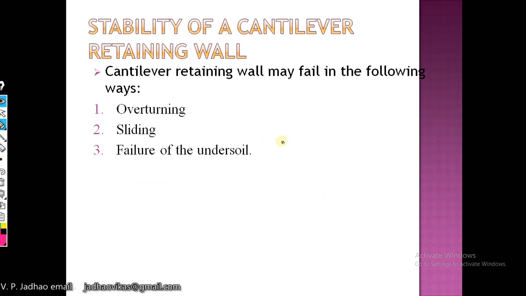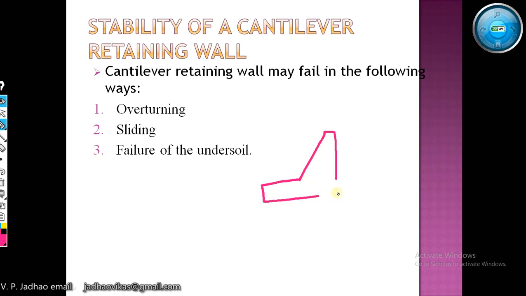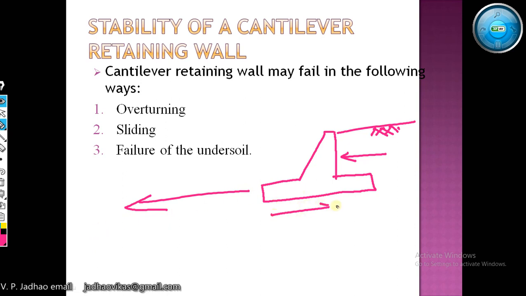The second way is sliding, failure due to sliding of retaining wall. Let us consider this is your retaining wall and some soil mass is retained like this. Again this force will be acting here. So what may happen? This retaining wall may slide in this particular direction if the frictional force developed by the ground is less than this active lateral earth pressure.